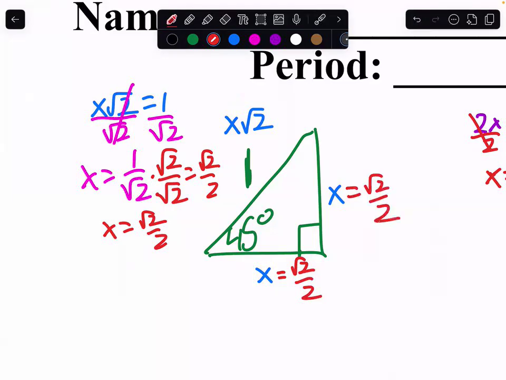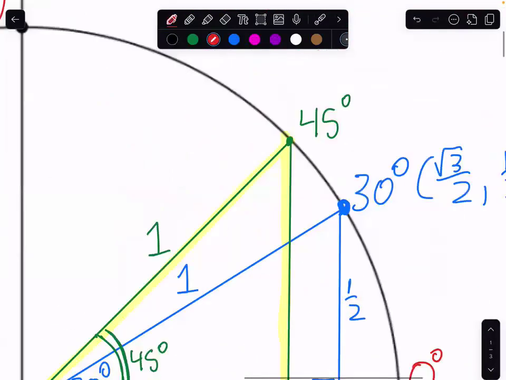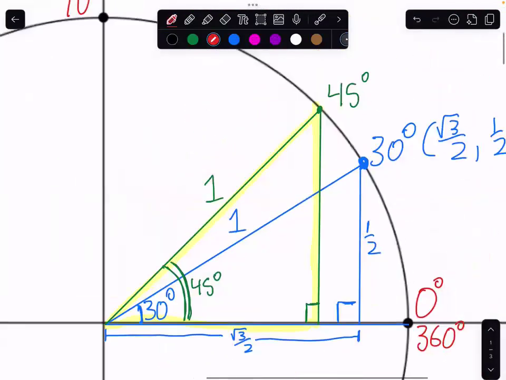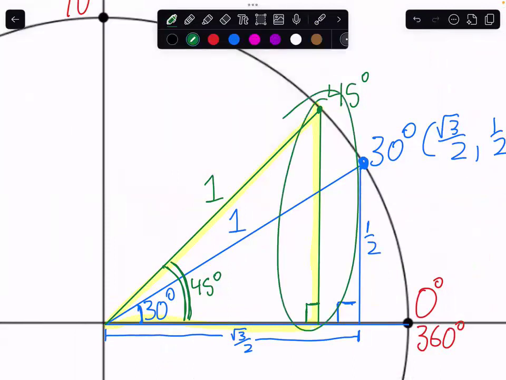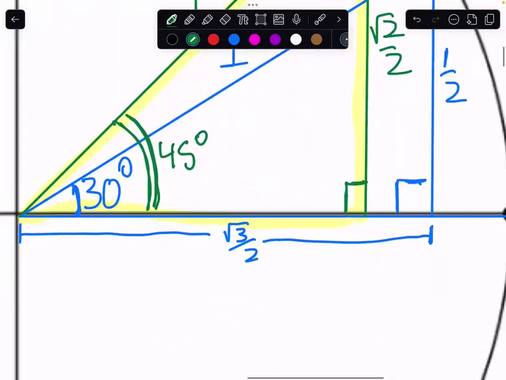And both shorter sides are equal, so they're both radical 2 over 2. Okay, so this side is radical 2 over 2. And the bottom side, which again is a little confusing, so I'll draw the brackets.